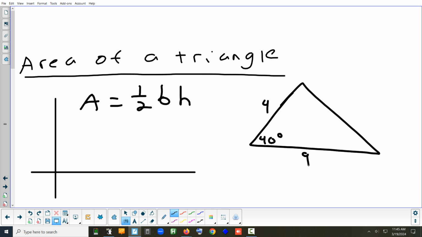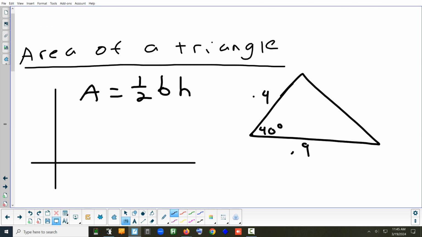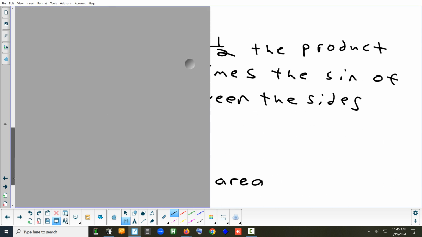No. So when you have side, angle, side, which is one of the kinds of law of cosines problems we're doing, usually you don't have the height. So I'm going to give you a formula that will allow you to find the height in this kind of problem.